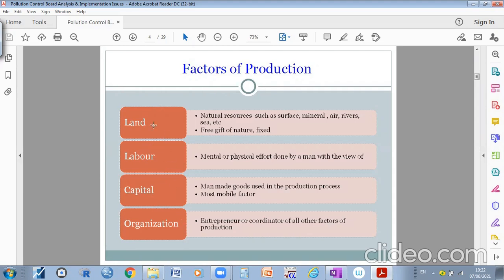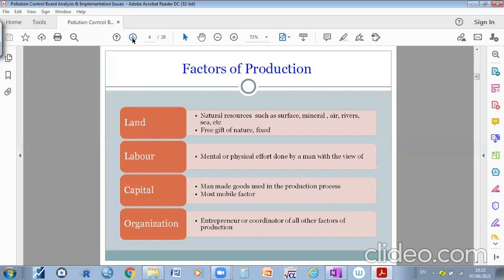They should use land, call the labor, purchase machines as capital, and purchase fertilizer, pesticides and seeds. The farmer is an entrepreneur who can coordinate all the factors of production.